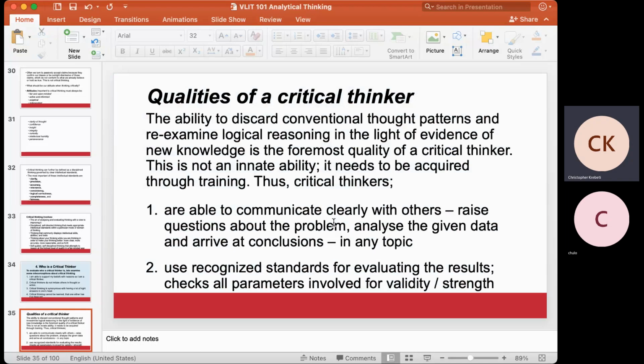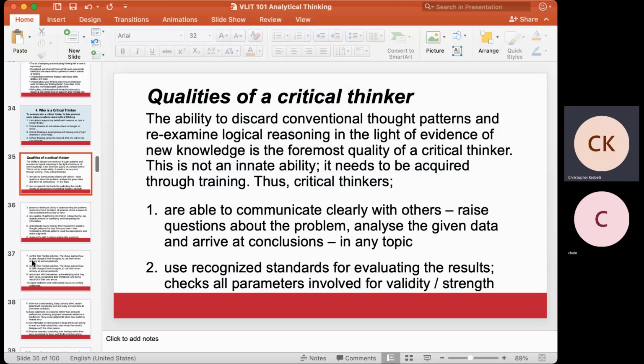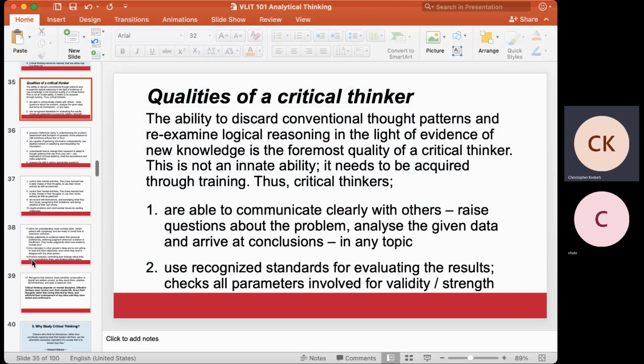So, having said all of this, I just want to bring to you a few qualities of who a critical thinker is. One, critical thinkers are able to communicate clearly with others. They are able to raise questions about the problems, analyze the given data, and arrive at a conclusion in any topic, whether in maths, English, science, or etc. That is what I've told you.